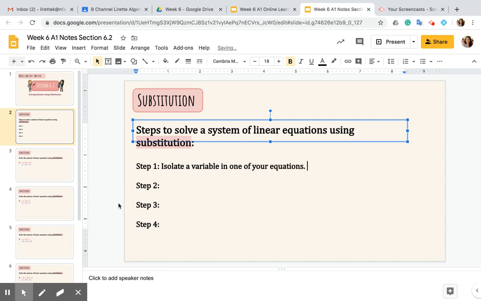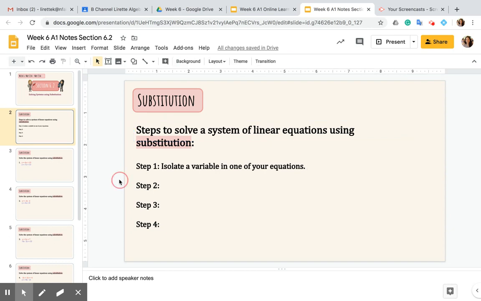And that doesn't have to necessarily be the y variable. It can be the x. Basically you want to look at one of your equations and get the y by itself for one of them, or get the x by itself, whichever is easiest. And like I said, you may not always need to do step one. You may already have an equation where there's a variable isolated.